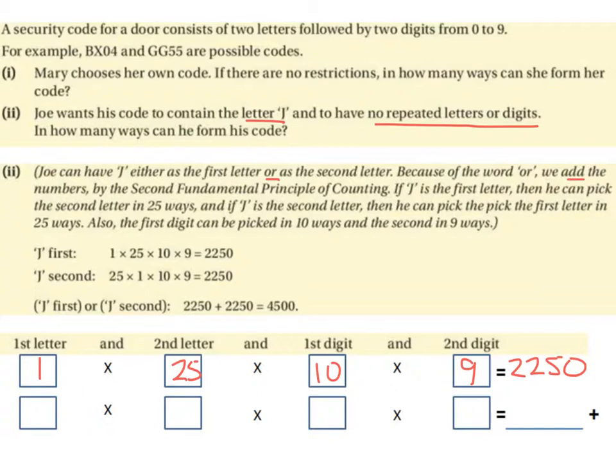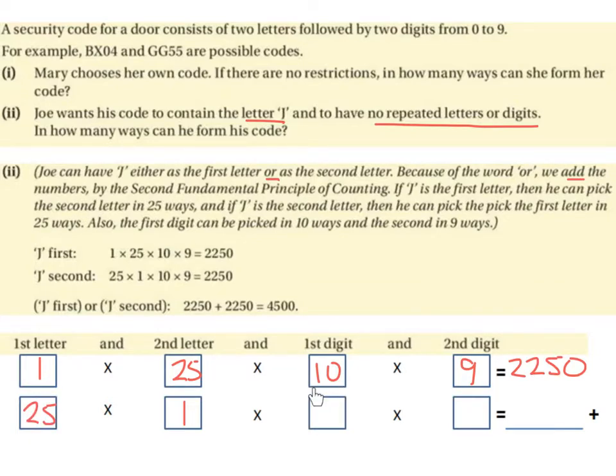Now our other option is that J is the second letter. So in the second letter, we're going to use the J, so we've only got one option in that box. Then there are 25 options left over for the first letter.